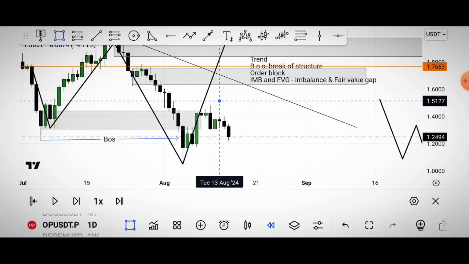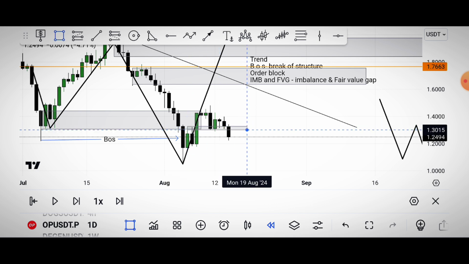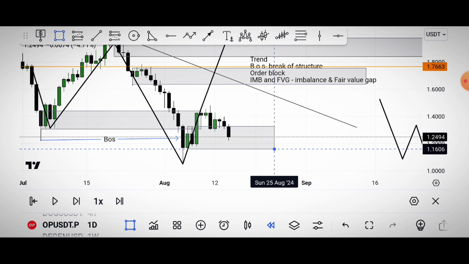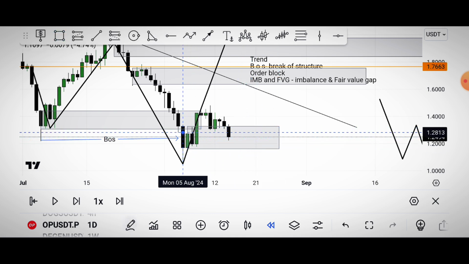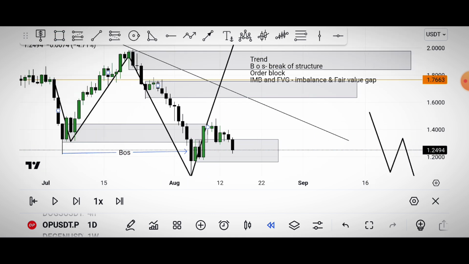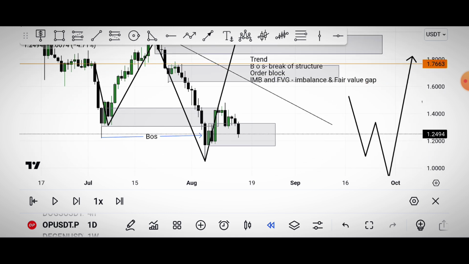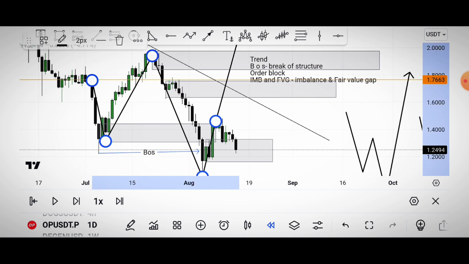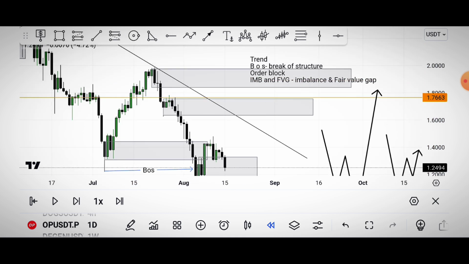So on this place we can identify our entry at this point. This should be your entry. But before you enter, make sure you enter with confirmation. In as much as price has broken this, price is likely going to form something similar to this.